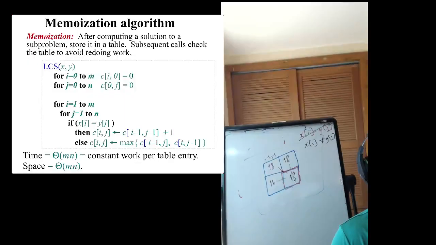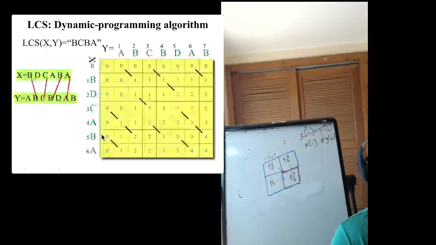Please, the running time and the space complexity. What is the space complexity? I need an array of size m times n, this two-dimensional array that is C over here. So we went in class over how we are filling this table. We first fill the leftmost column, then fill the topmost row, all with zeros.